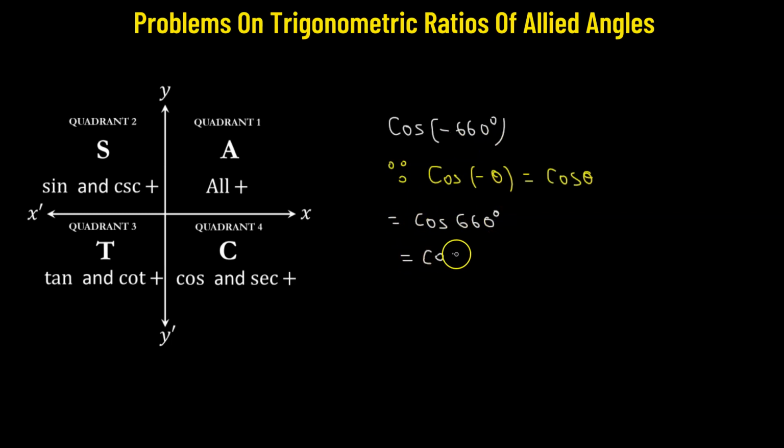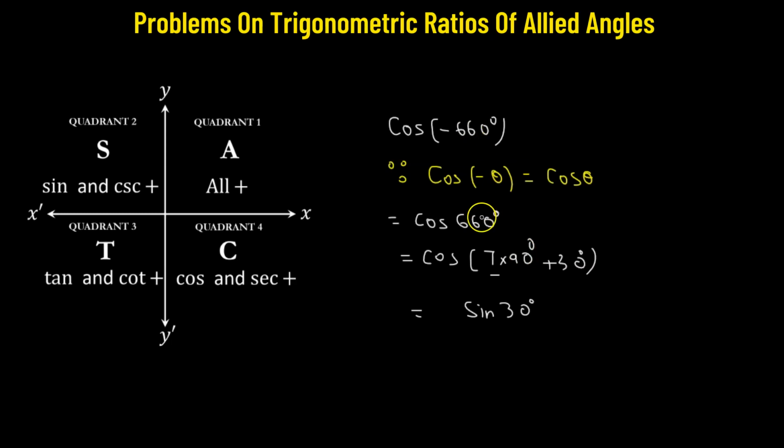Now we know 7 times 90 degrees is 630 degrees. But we're still short of 30 degrees to reach 660, so we're going to add 30 degrees to it. Now here we have an odd multiple of 90 degrees, so cosine must convert to sine. So we have sine 30 degrees.